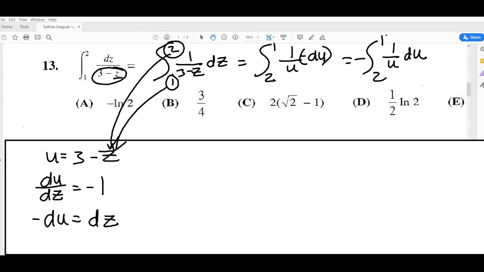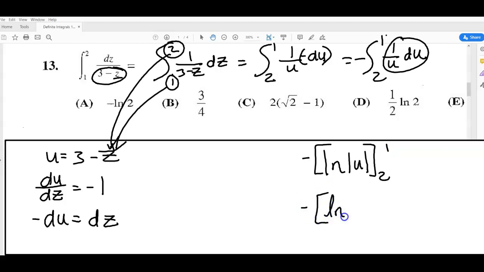Now we're going to integrate. The integral of 1 over u du is ln of the absolute value of u. Next, we're going to plug in our limits here. Subtract them.